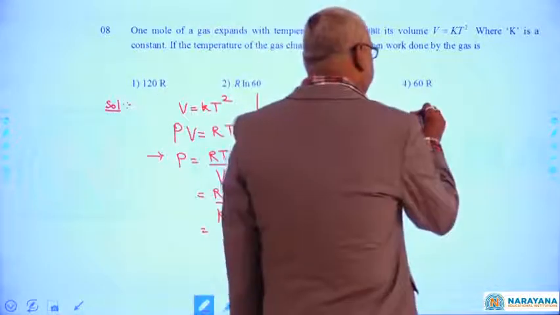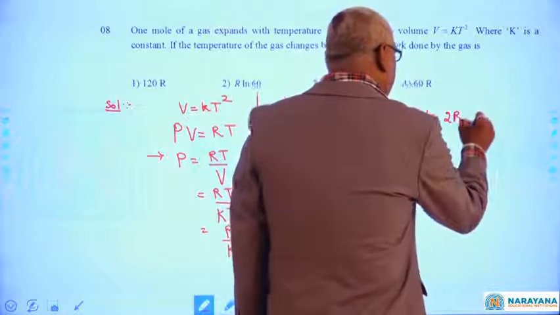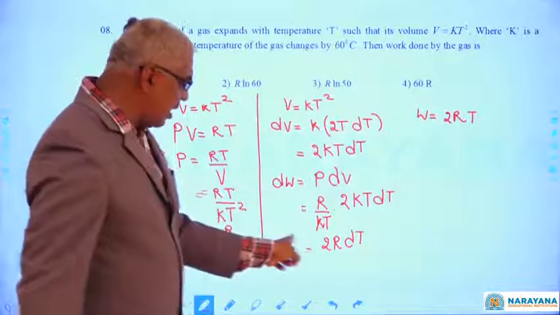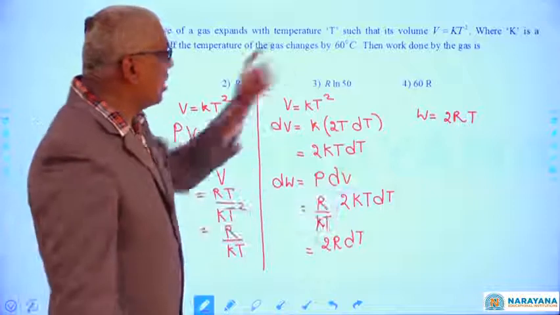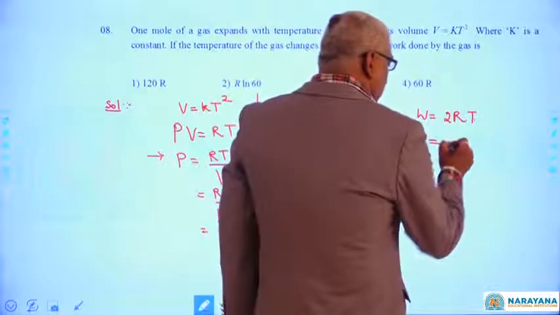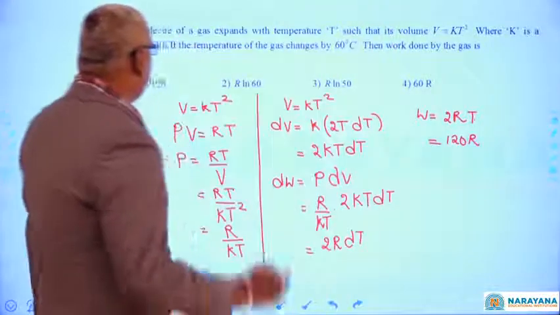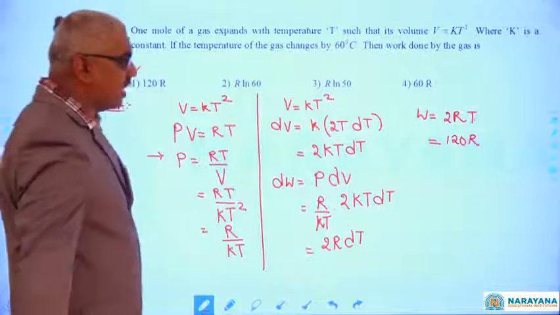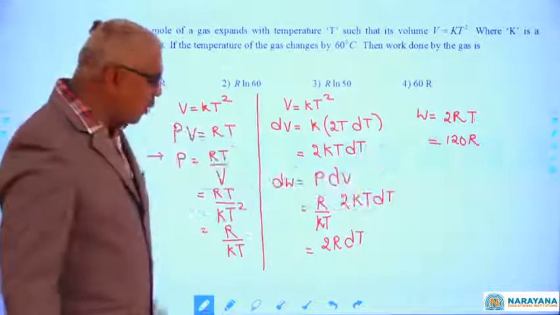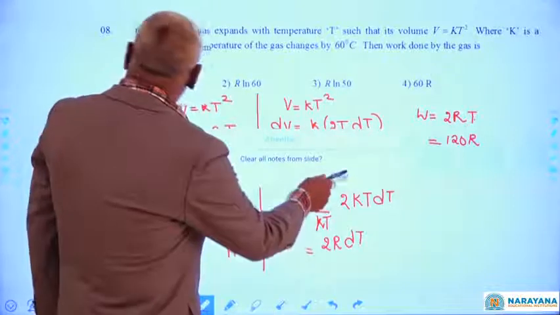W equals 2RT. What is T given as? T is given as 60 there. 60 into 2, 120 R. The work done is 120 R, which is your first option. Understood? Got the idea how to do this problem? Is it clear? Now we are entering into the 9th problem.